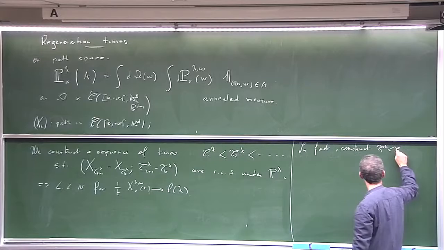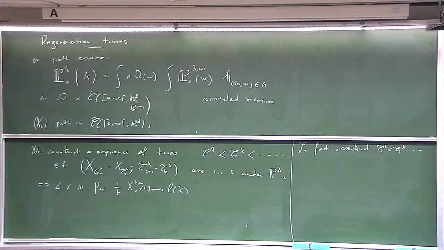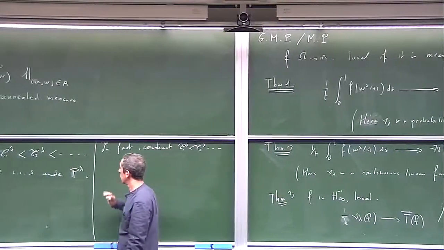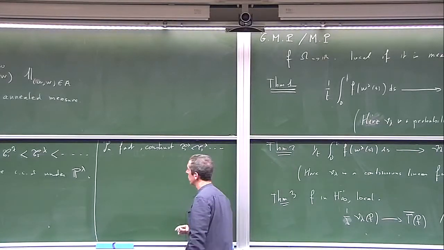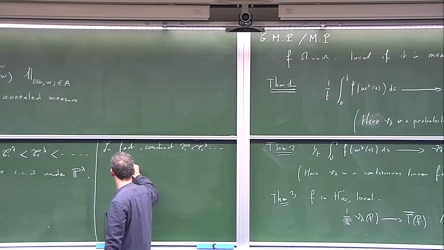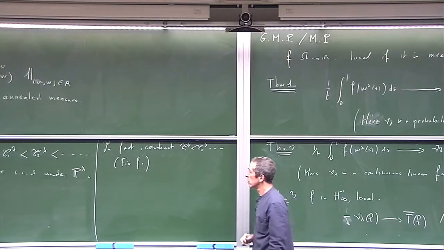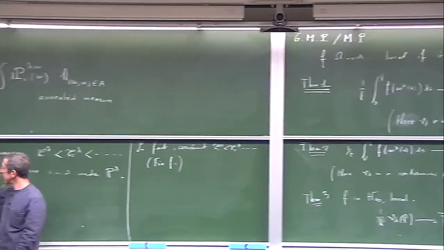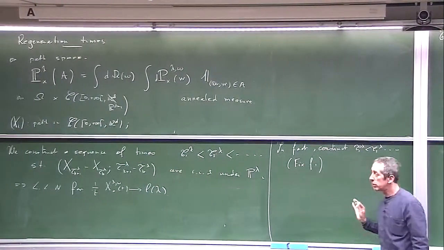So I'm using the same notation, etc. But we want to take into account additive functionals like this. And in order to do that, we start with a function f, which satisfies the assumptions of one of the theorems. So I should have said before that you fix an f and you construct regeneration times, which are good regeneration times for the process x plus the extra component that we already considered in a previous lecture.